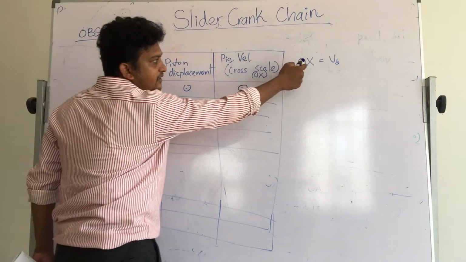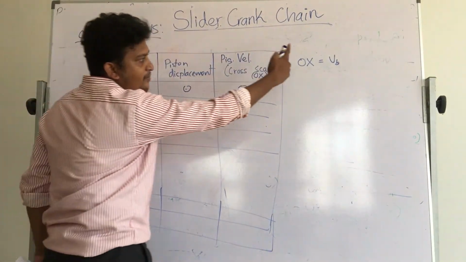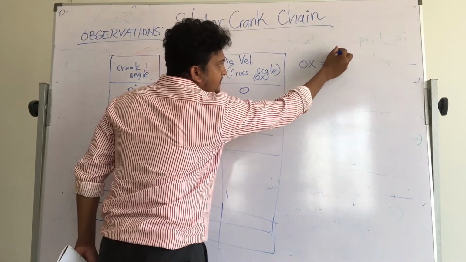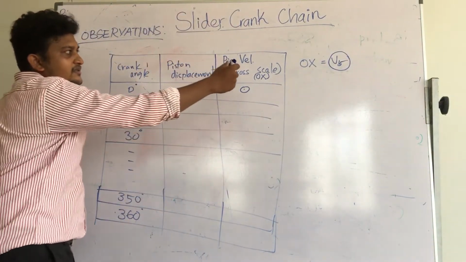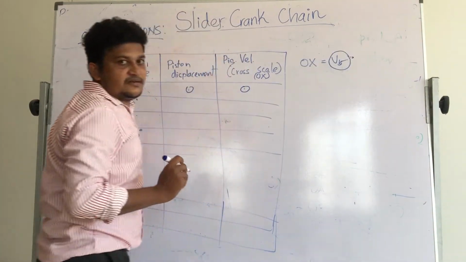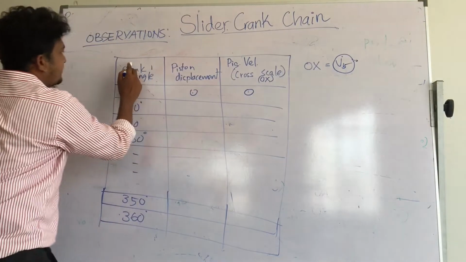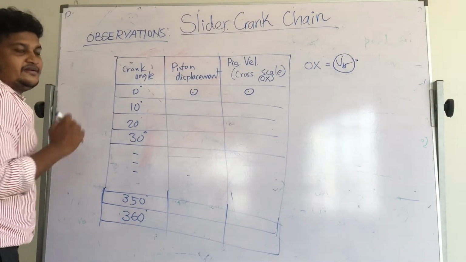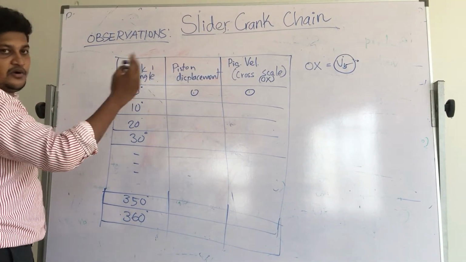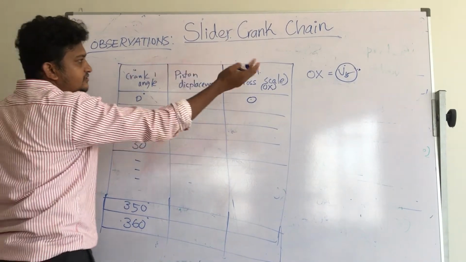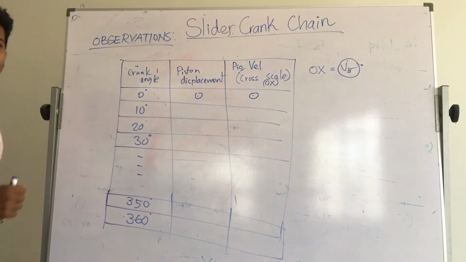In the specimen calculation, OX is equal to the piston velocity. This is the parameter we are interested in, because we have to draw the graph between these two parameters. That is one of the objectives.